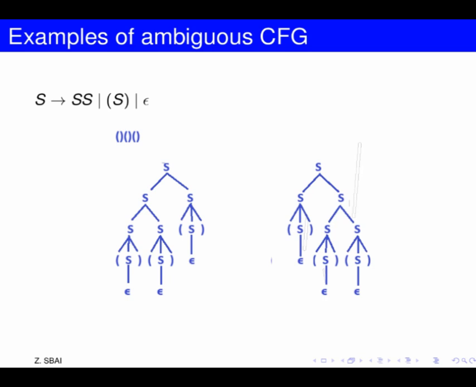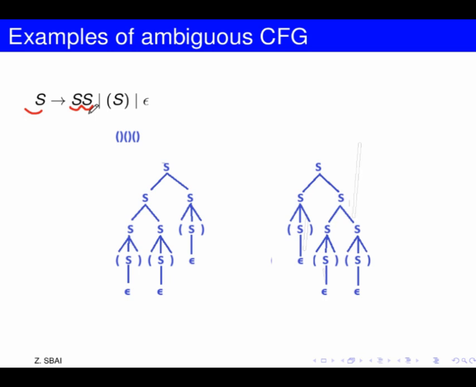Let's now discuss some examples of ambiguous grammars. For the first example here, we have S is substituted by S concatenated to S, or S between parentheses, or epsilon. As we have here a left recursivity and a right recursivity in the same non-terminal symbol S, this may in general lead to ambiguity.